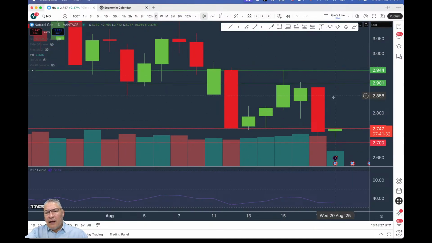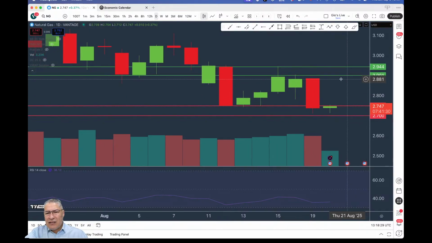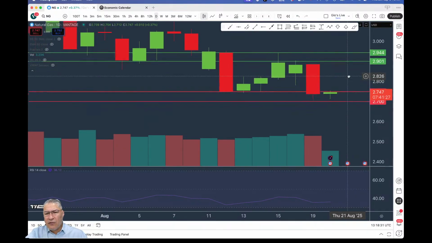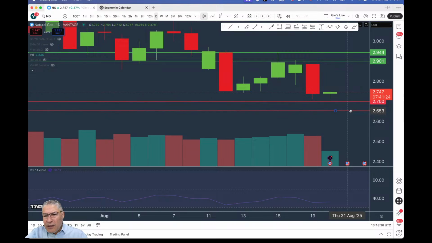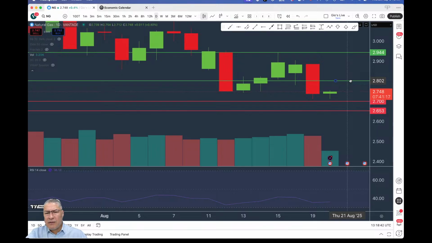All right, nat gas yesterday had just a strong sell-off, so we had spoken about shorting nat gas. So 265, 270 is going to be our first level. Now this could just reverse and recover.